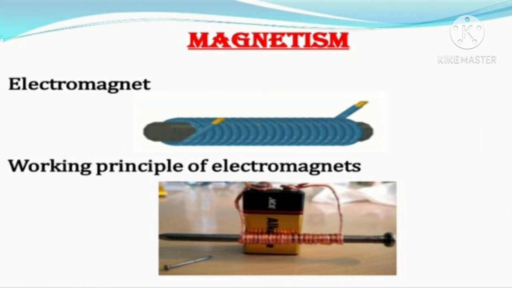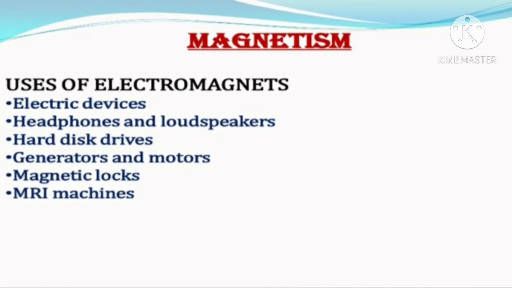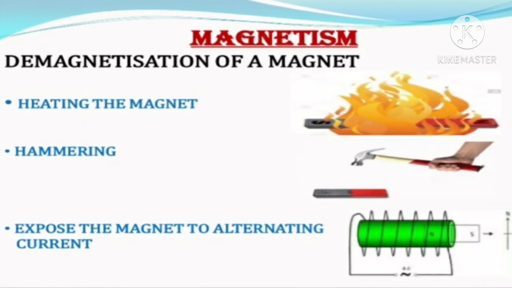For example, an iron nail is made into a magnet by passing electric current through a coil surrounding it. Electromagnets are used in all kinds of electric devices, speakers, motors, and generators. Demagnetization of a magnet. Heating the magnet, hammering, and exposing the magnet to alternating current are different methods of demagnetization of a magnet.